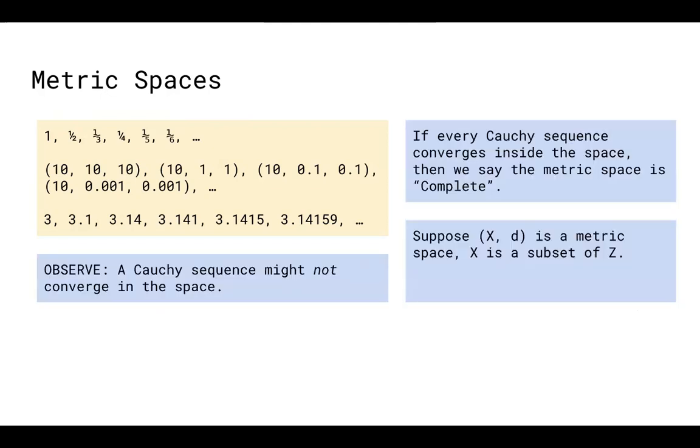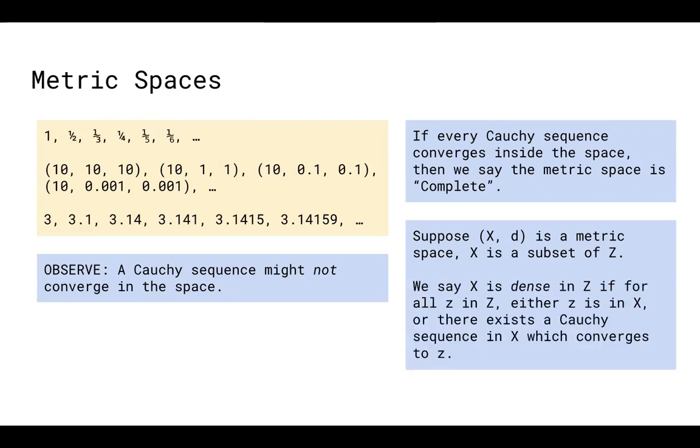Okay, so let's say that we have a metric space and it's within some bigger space, like the rationals are a subset of the real numbers, for instance.